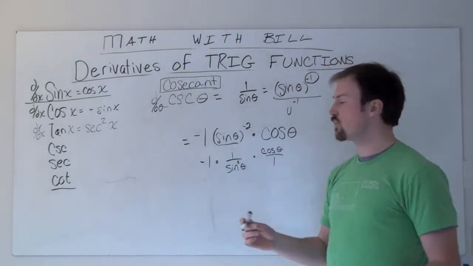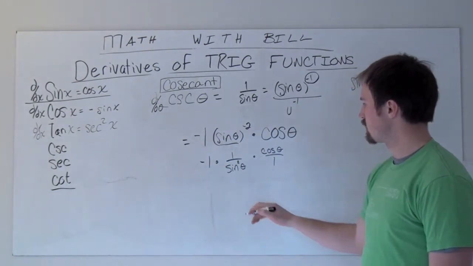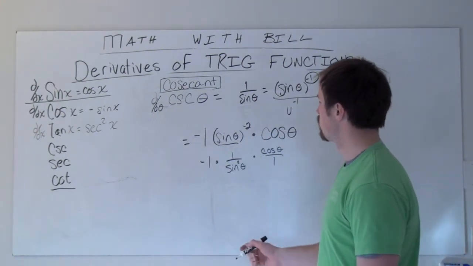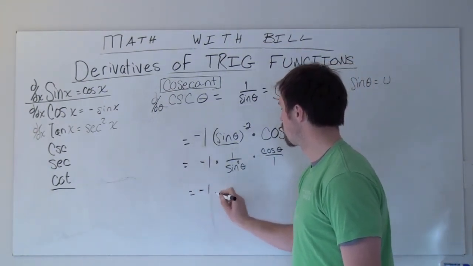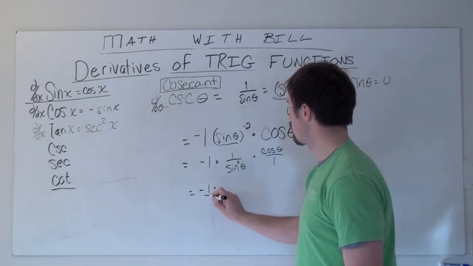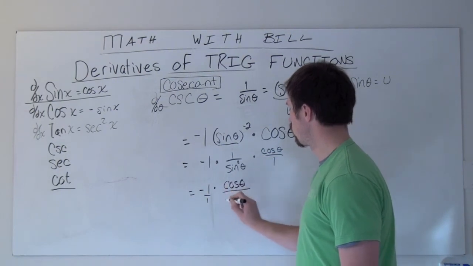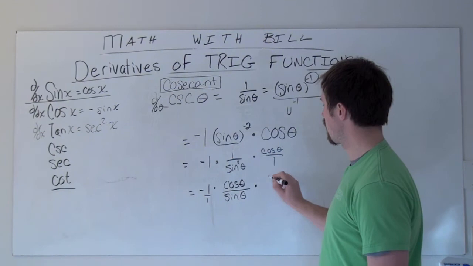I'm just setting this out in fraction form so we can gather things together. Sine squared theta is really sine theta times sine theta. So I'm going to create -1 over 1 times cosine theta over sine theta, times 1 over sine theta.